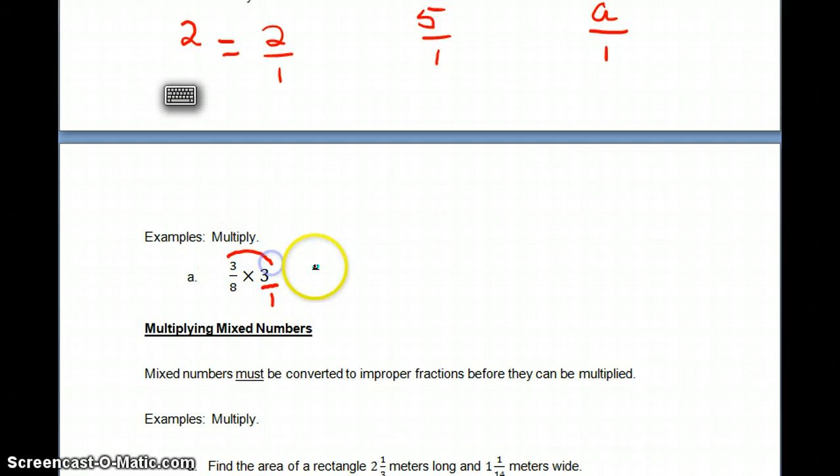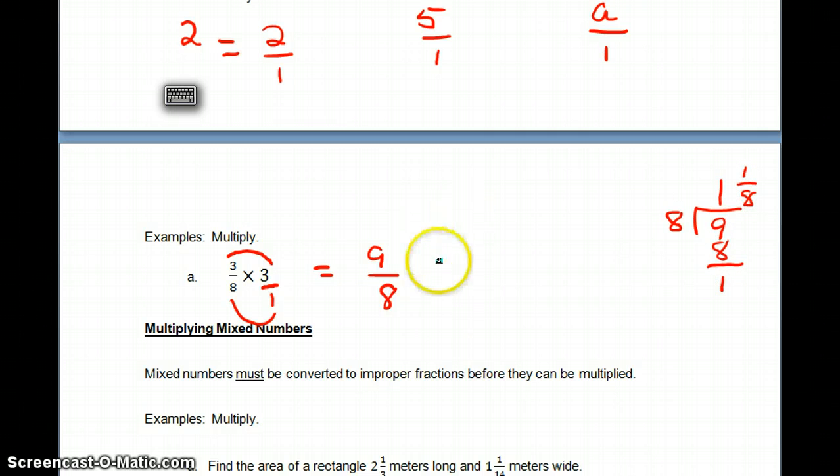So we'll do 3 times 3 makes 9, and 8 times 1 makes 8. We have 9/8. This is an improper fraction. We should not leave it that way. So we'll set up our little division problem. 8 goes into 9 one time, and we have a remainder of 1, so that makes 1 and 1/8. So our answer is 1 and 1/8.